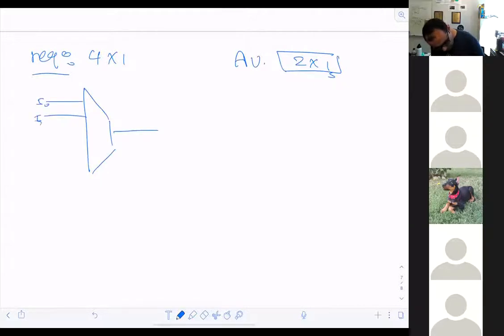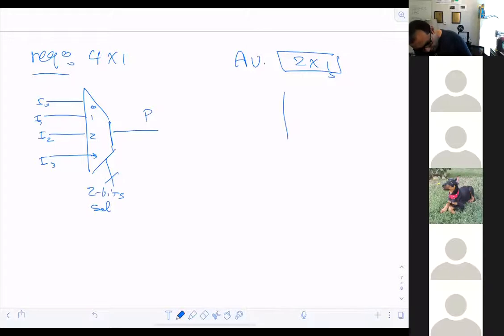I0, I1, I2, I3. 0, 1, 2, 3. And here I have a selector, and this selector size is what? 2 bits. Be sure that you use these bits because the bit is holding a wire. It's a wire. So 2 bits. And I'm going to call it select. And the output is P.